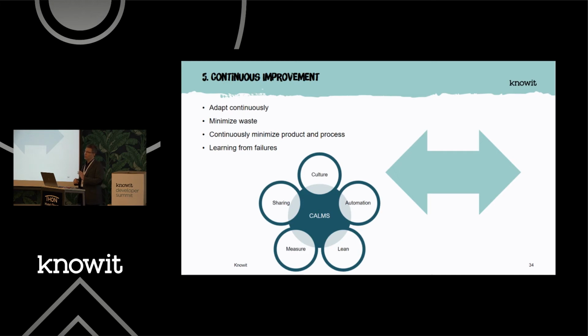Then the continuous improvement part is that you need to see how you're working, not only how your customer is using your software, but also how you as a DevOps team are creating things all the time, and adapt to that. Some people call DevOps also CALMS. So one of the definitions of DevOps is taken here as an example. CALMS points out that measurement here is one important part of DevOps.